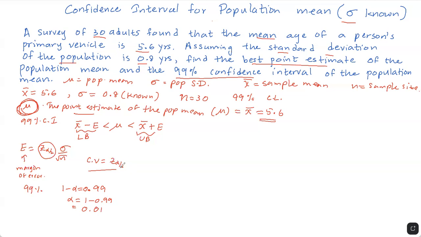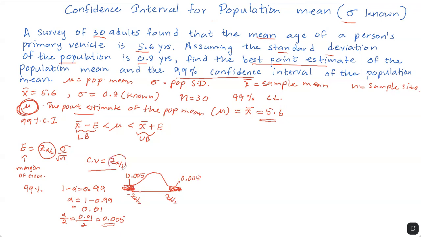So here the z score corresponds to alpha over 2. So we have to look at the alpha over 2 value, which is 0.01 divided by 2, 0.005. So this is the area in the tails, right? This area is 0.005 and this tail also 0.005. So you are looking at the z scores, this one and this one.